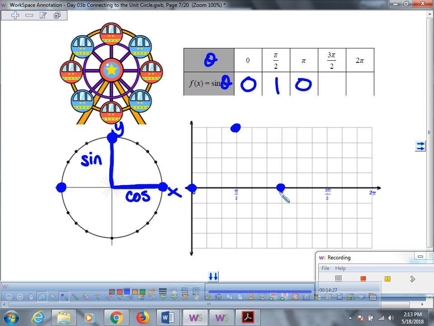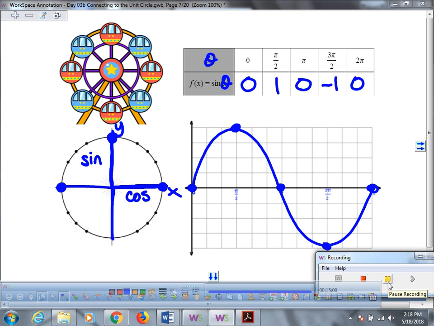And when I'm at 3 pi over 2, when I'm here, negative 1. And when I'm at 2 pi, 0 again. So now you know where that comes from. Right. Yep, exactly. So go ahead and copy that down for your notes.